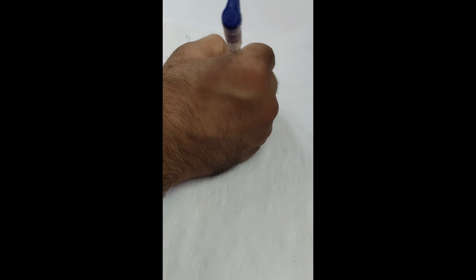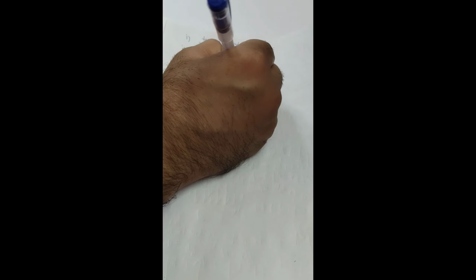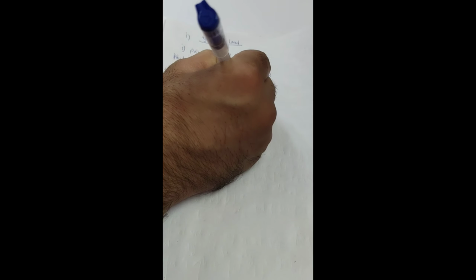This is called a single point. This is the load W, denoted in kilonewtons. This entire length is known as L, which is nothing but the entire span of the beam. This is a point load which is acting at a single point.